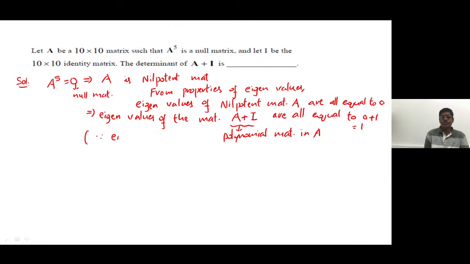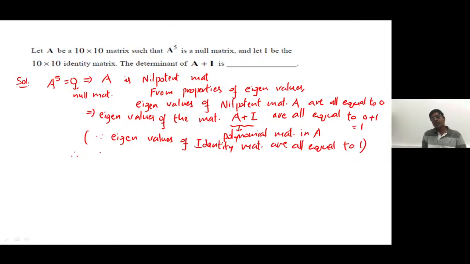Since the eigenvalues of the identity matrix are all equal to 1, that is the diagonal elements. So therefore, the determinant of a matrix is nothing but the product of the eigenvalues of the same matrix, from the properties of eigenvalues.